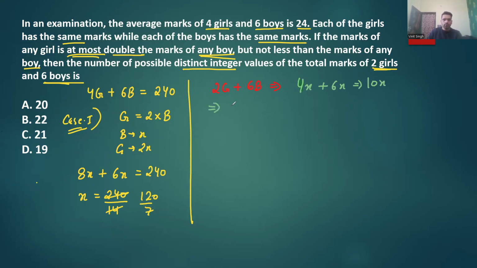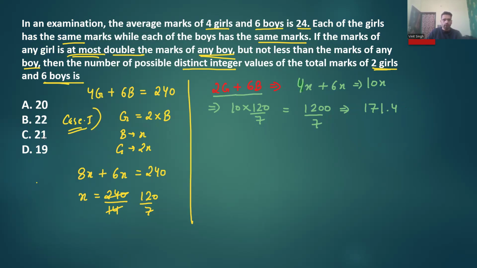Now 10x is equal to 10 into 120 upon 7. So it becomes 1200 by 7, which is approximately 171.4. This is the total marks of 2 girls and 6 boys.